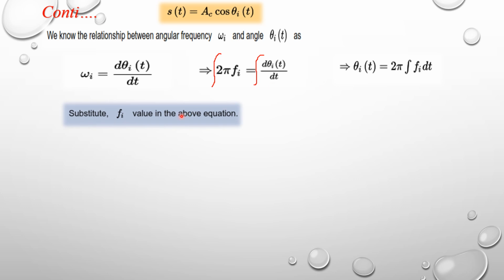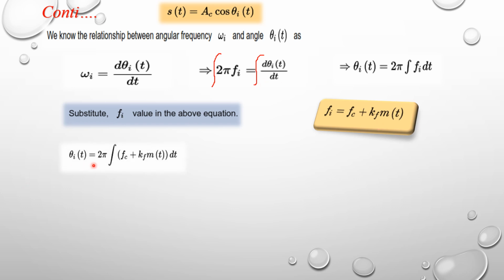Then you substitute the fi value into the above equation. We know that fi, the instantaneous frequency, is equal to fc plus Kf into m(t), where fc is the carrier frequency, Kf is the sensitivity factor, and m(t) is the message signal. Just replace fi with fc plus Kf m(t).